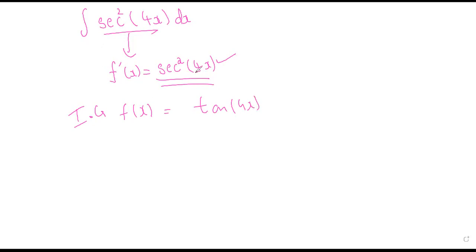Because we have 4, okay. But now, after our initial guess, we need to think of this function. If you had this function, the derivative would be secant square 4x times 4. But we do not have times 4 here. So you divide by 4, very good.